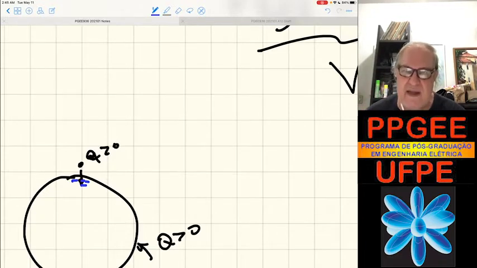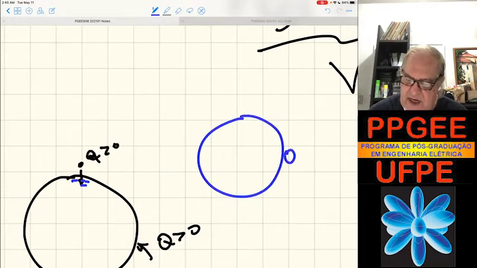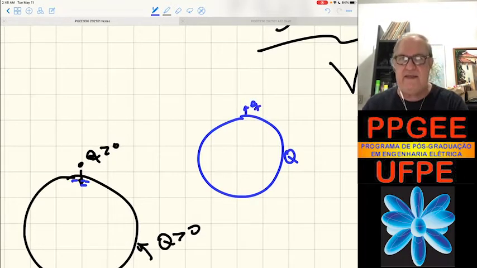So that explains, qualitatively, the work function of metals. If you have a metal that is charged with charge Q, and we try to extract a small part of that charge to remove it from the metal, the metal still remains with the same charge.